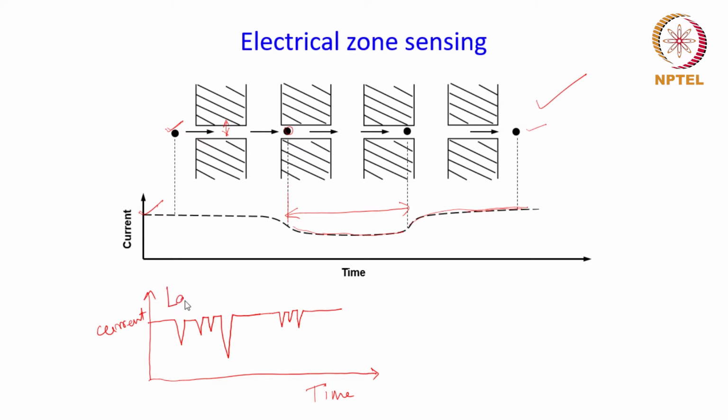The first section is for large particles and the second one is for small particles.